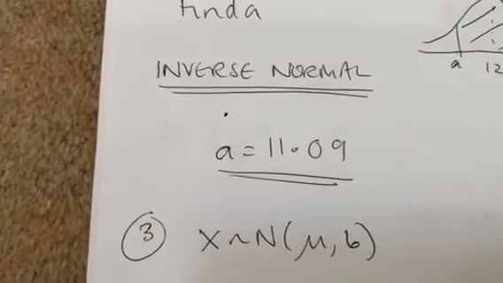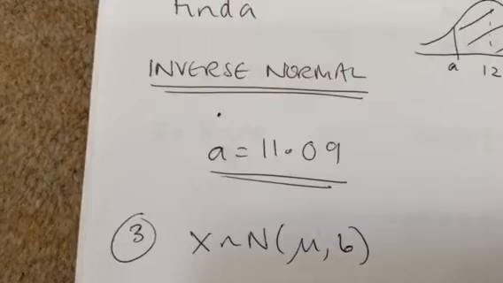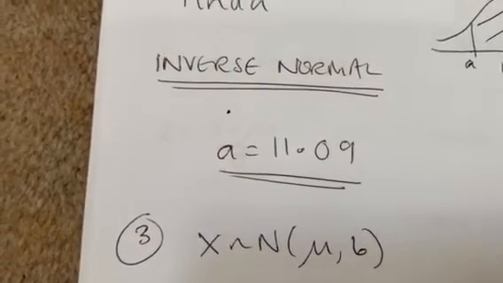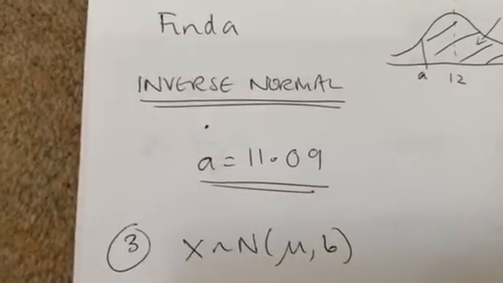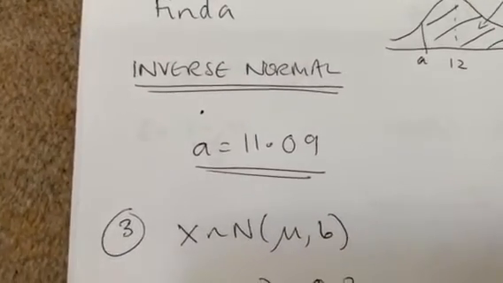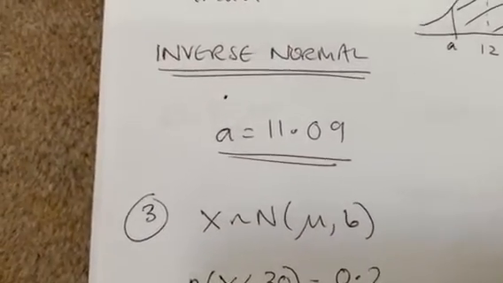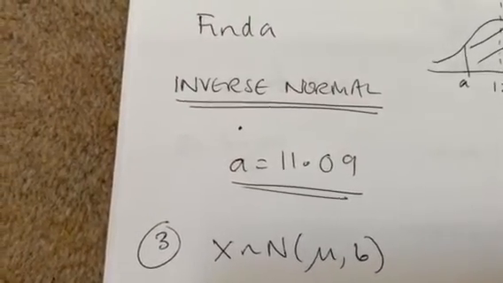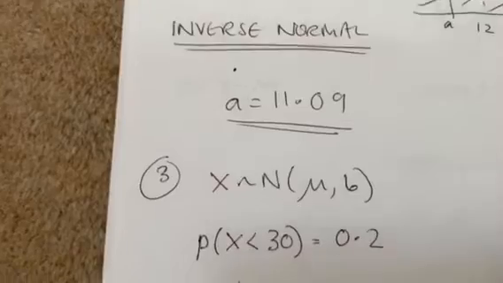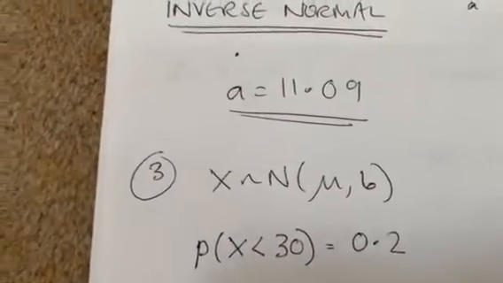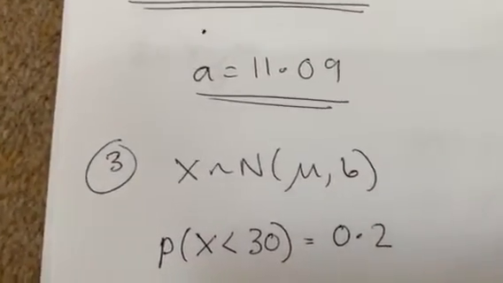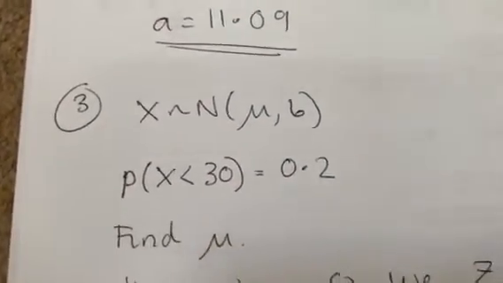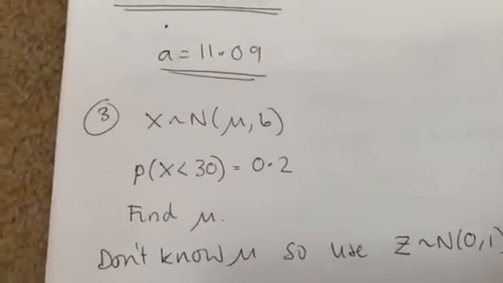Right, third example. If I don't know a mean or a standard deviation, I'll need to use simultaneous equations. But here I only have one unknown. Whenever you have any unknowns, you are going to use your standard normal distribution, Z. I've been told that the probability of x being less than 30 is 0.2. So 30 is my x value here. Visualize what's happening.